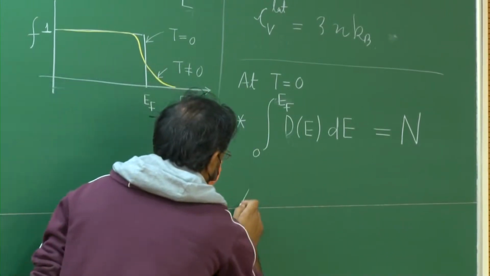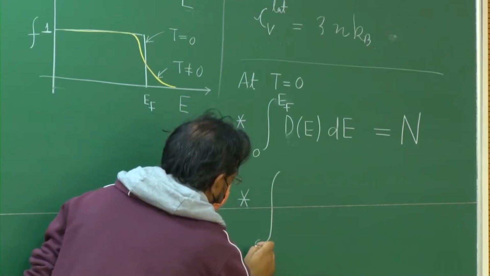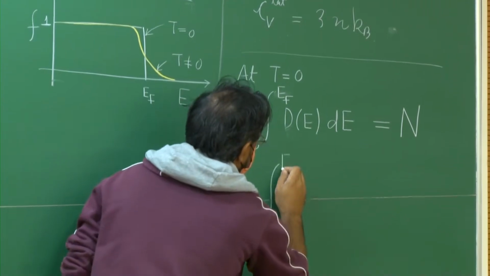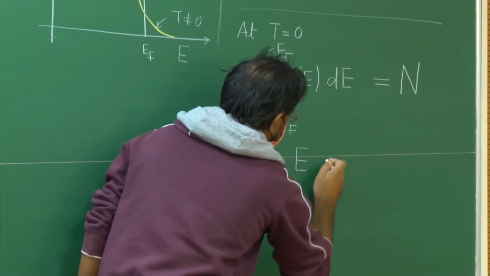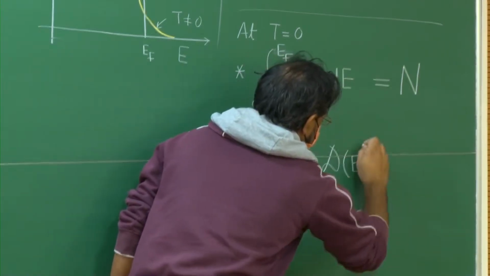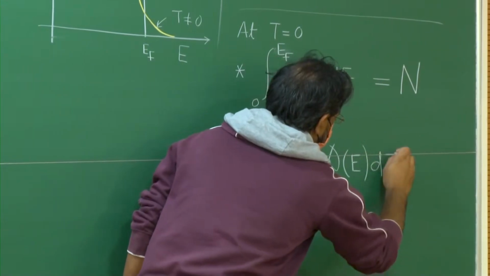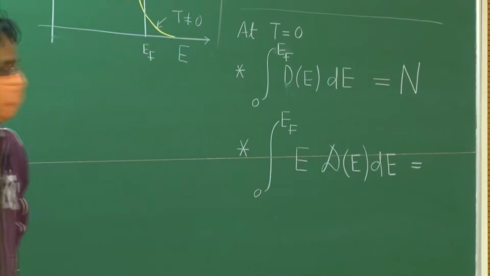The next question is, how much would this be? The integral from 0 to EF of E D(E) dE. What should be this quantity?